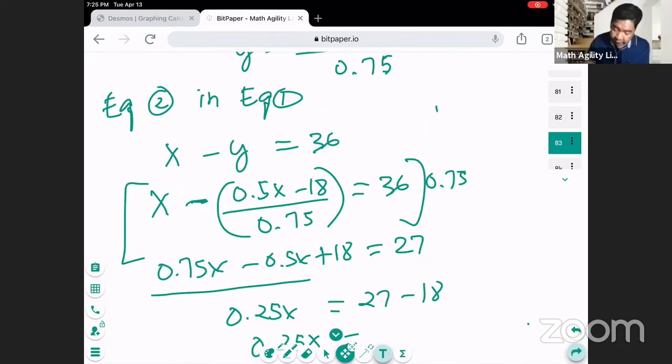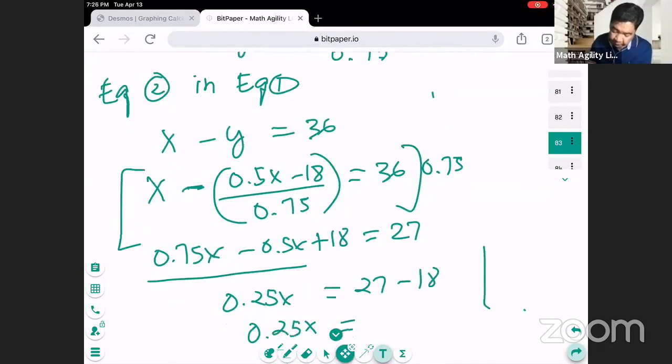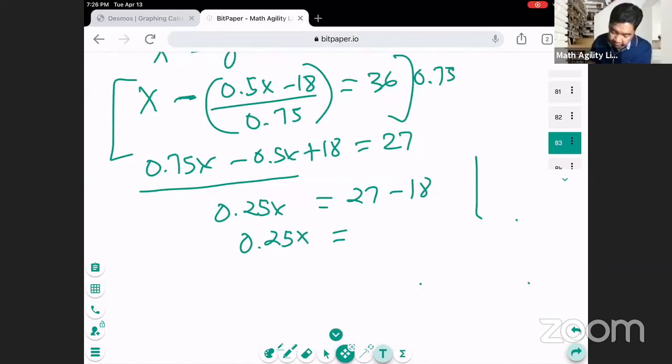Okay, let's see. 27 minus 18 is 9 divided by 0.25. 36.